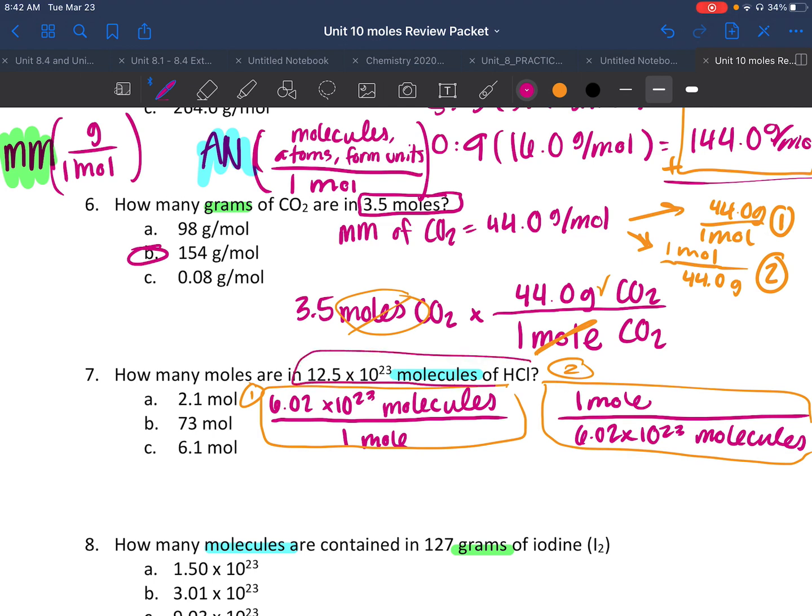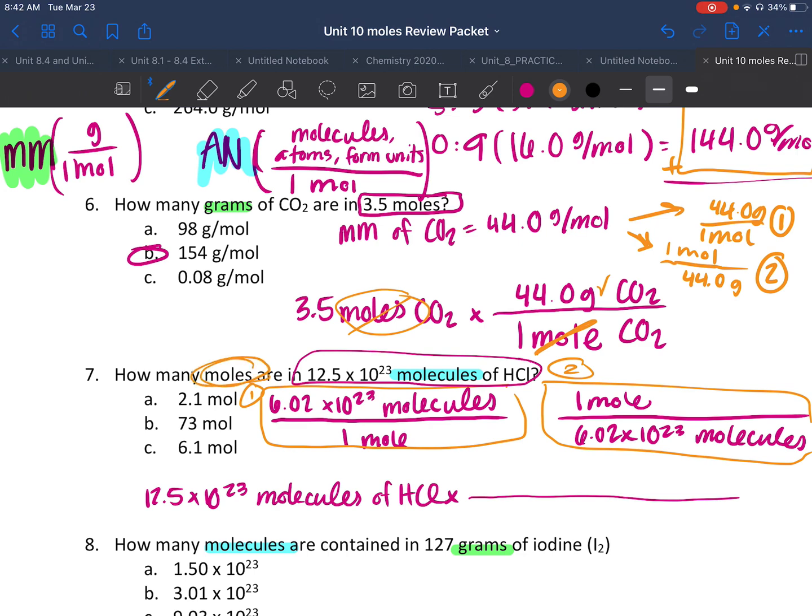We know we have this many molecules of HCl. So if we start with 12.5 times 10 to the 23rd molecules of HCl, and we're going to set up our conversion fraction. You can think of it 2 ways. 1, what's our target unit? Well, our target unit is moles. If our target is moles, we put the target on top.